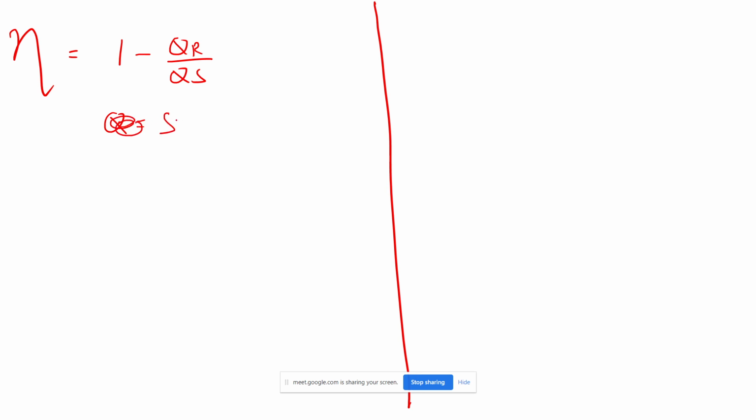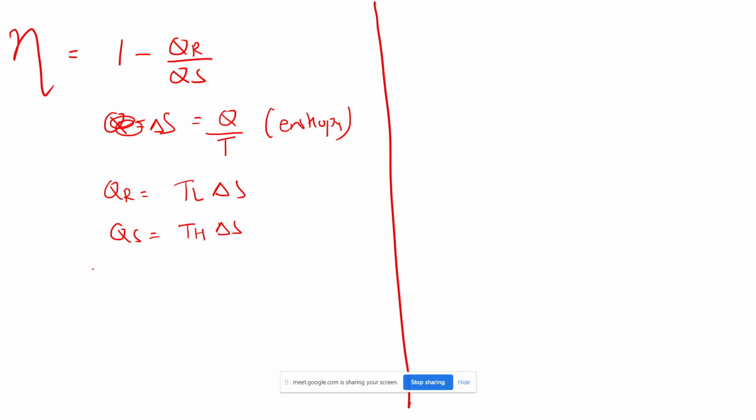We know that delta S is given by Q upon T. So Q rejected can be written as T lower into delta S, and Q supplied as T higher into delta S. Even though the cycle is different, first I'll draw that diagram.